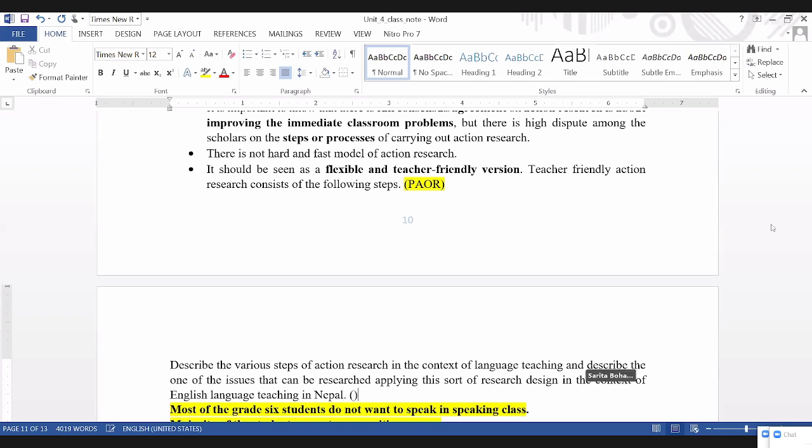This is the model question developed by the Teacher Service Commission.